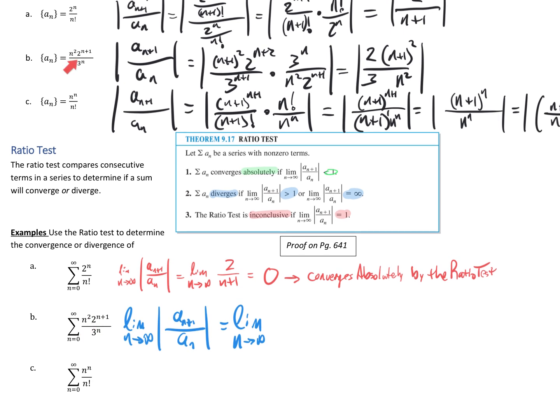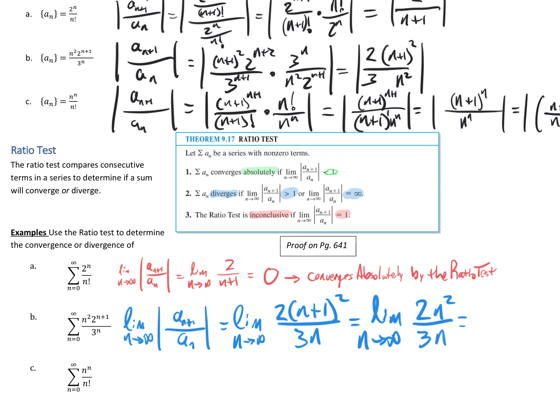So we took this, same as this one here, and we found out that it comes down to 2 times n plus 1 squared divided by 3n squared. As this approaches infinity, this is equivalent to the limit as n goes to infinity. This 1 doesn't matter there, so we can drop that 1 as we approach infinity.